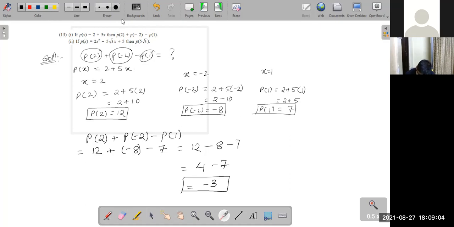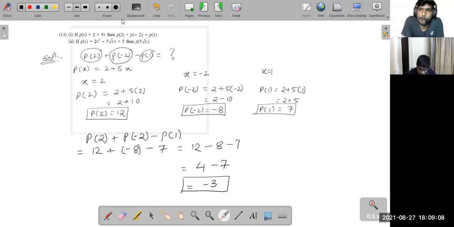Yes, what happened? Are you getting it? No, so I can't multiply 2 by 5 root 3 square. 5 root 3 into 5 root 3. No, I am saying first take the square of 5 root 3.